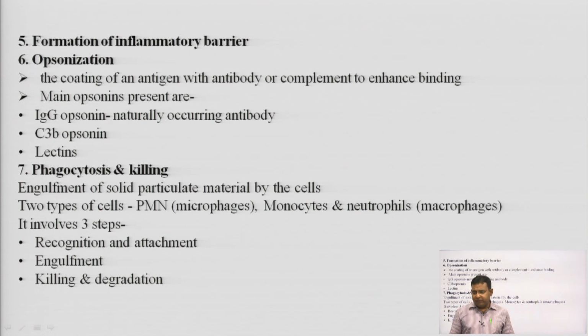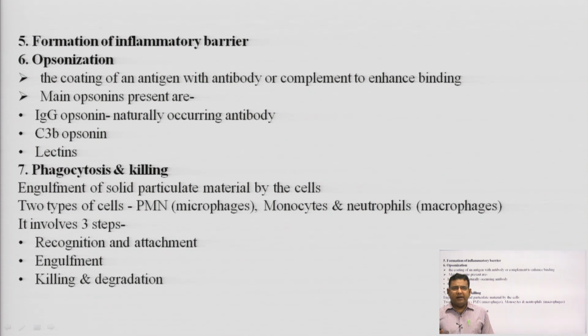Now, come to the formation of inflammatory barrier. So, the inflammatory barrier is formed, and sixth it comes as opsonization. The coating of an antigen with antibody or complement to enhance binding. The complement system I have told you, there are C3a, C5b, these are all complement factors.